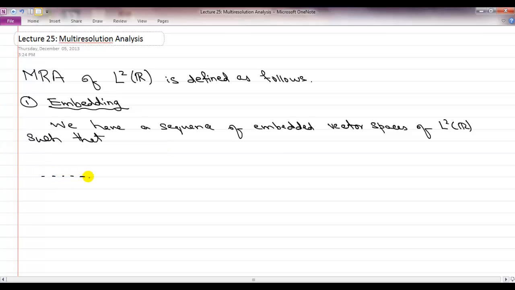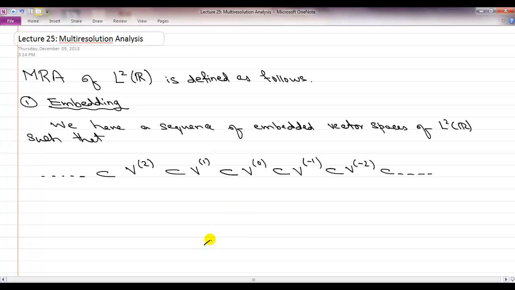So we have that, for example, there's V2, which we will call at scale J. That is a subset of another subspace, that is a subset of another subspace V0, subset of V minus 1, V minus 2, and it keeps on going. Okay. So effectively, you have this picture that you have V2, which is a subspace.